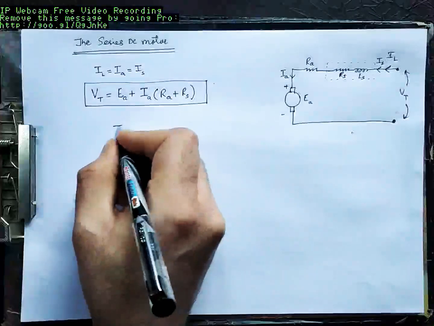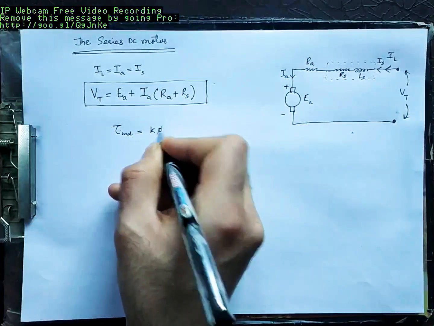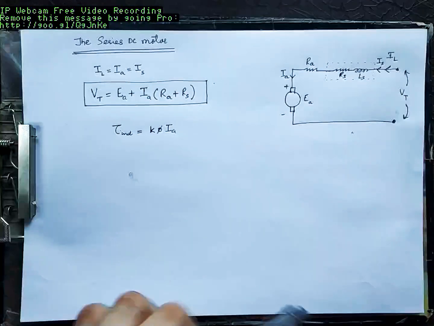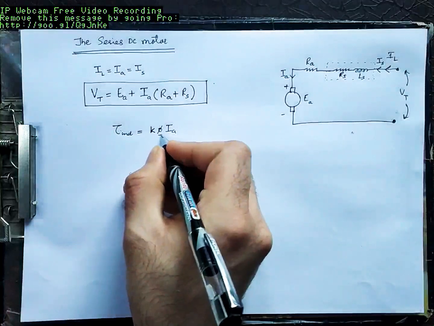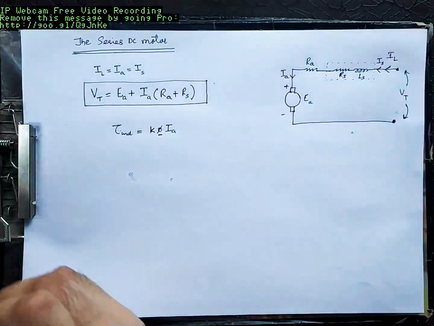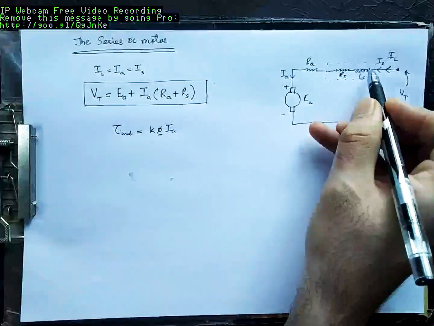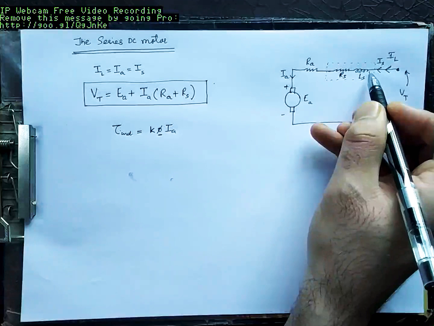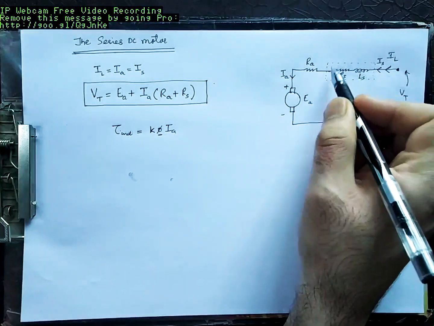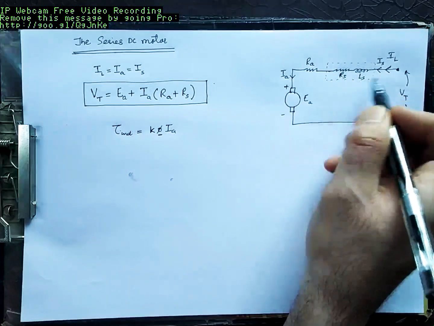Since we know the induced torque is equal to K phi IA, you remember this flux? It is the flux produced by the field. Since that field is in series with the armature, the flux produced depends upon the field current, and here the field current is the same as the armature current.